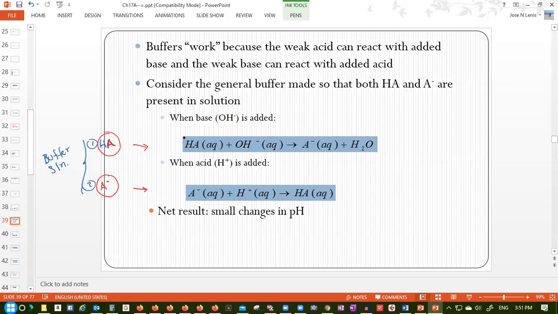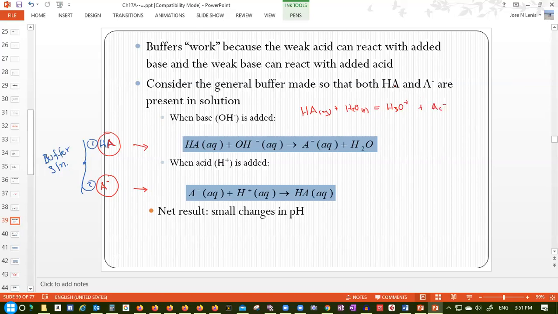So you see, this is the molecular form of the weak acid. Remember, the weak acids are weak. And why do we call them weak? This is your weak acid, aqueous, reacts with water, liquid, to form an equilibrium with H3O plus and A minus, aqueous.